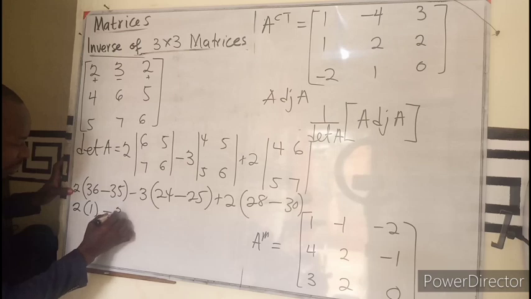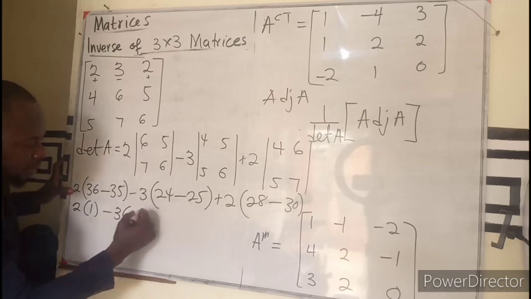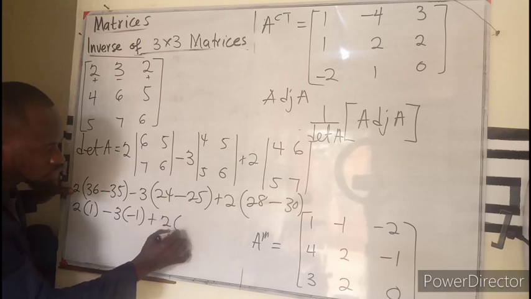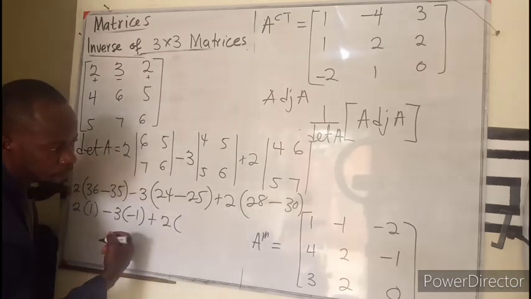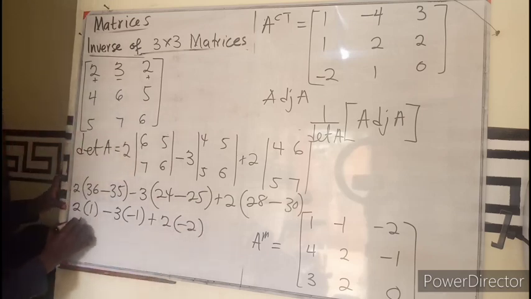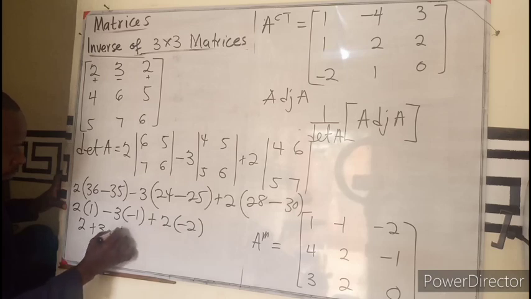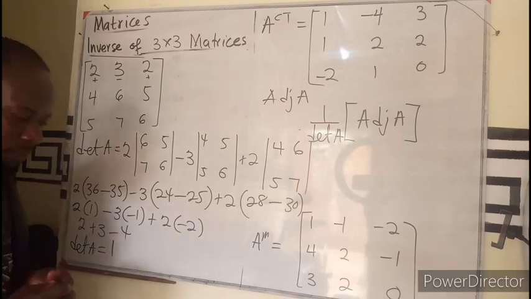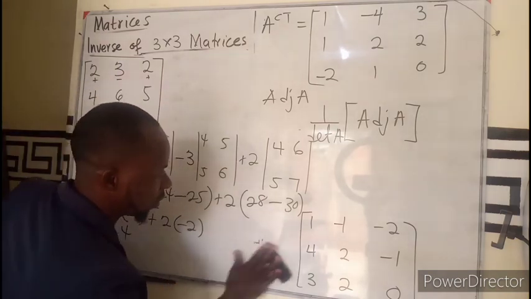Then minus 3 multiplying negative 1, as in this, plus 2 multiplying, I think that will also be negative 2. So right away, 2 plus 3 minus 4. So this will be 5. So we are going to have 1. 1, meaning our determinant of A is just what? 1.